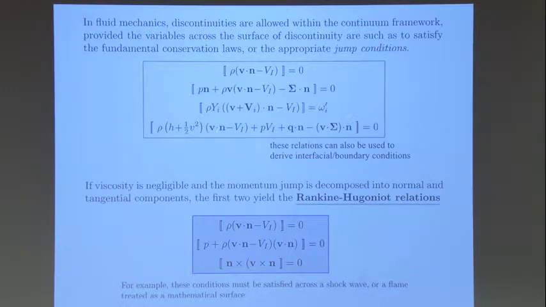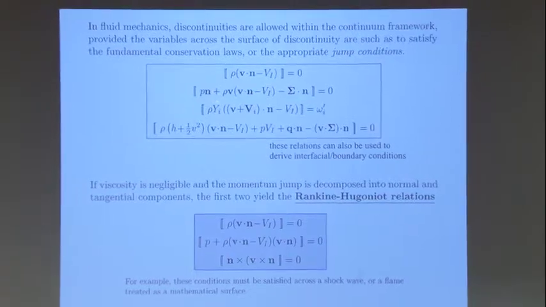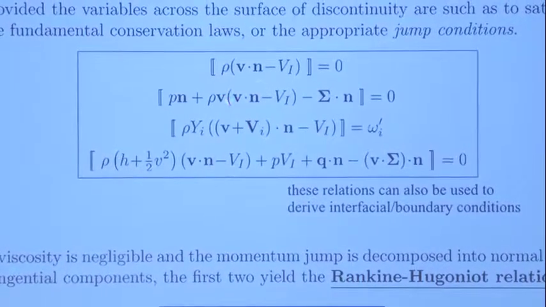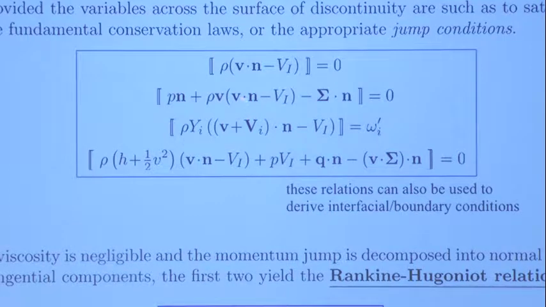And the two other relations that you get come when you cross this equation with n. N cross n is 0, and there will be two terms there. One of them is v cross n, and then you have rho v dot n minus Vi. But rho v dot n minus Vi from mass conservation is the same on the left as well as on the right, or on top and bottom, and so it factors out. And if it factors out, the only thing left is v cross n is 0.